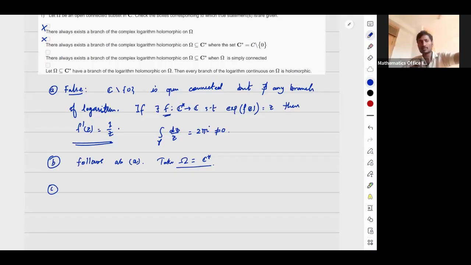Over any closed curve, the integral vanishes, and once the integral vanishes, we get an antiderivative, using Morera theorem. That antiderivative is holomorphic, and once a function is holomorphic, it is holomorphic infinitely many times. So the actual function f is also holomorphic.